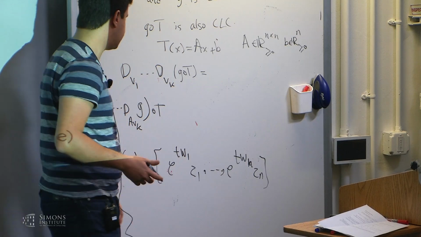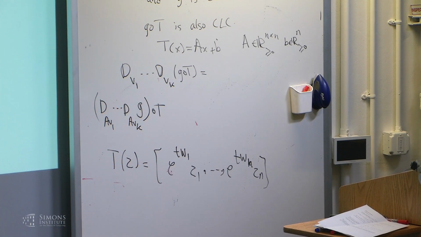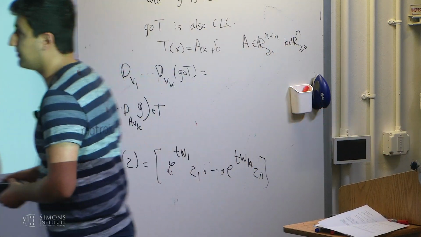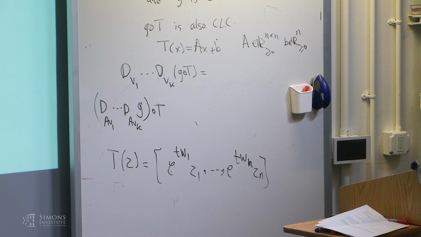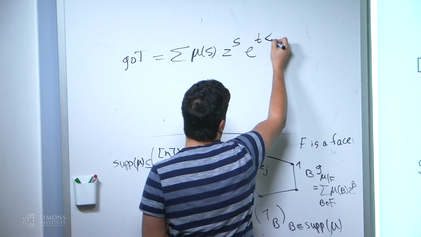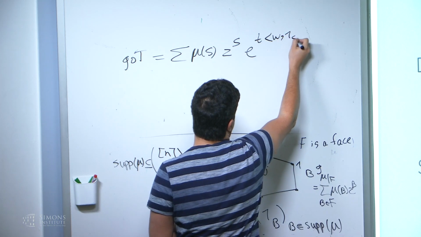The point of this is that G composed with T would become the sum over all mu of s, z to the s, times e to the t times the product of w and the indicator of s.